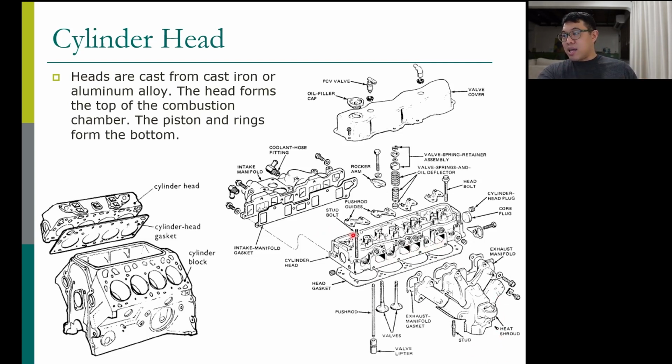The other side are the ports that intake air and fuel mixture. That air and fuel mixture comes from this intake manifold, and then the exhaust goes out through the exhaust port inside the cylinder head and out through this exhaust manifold.